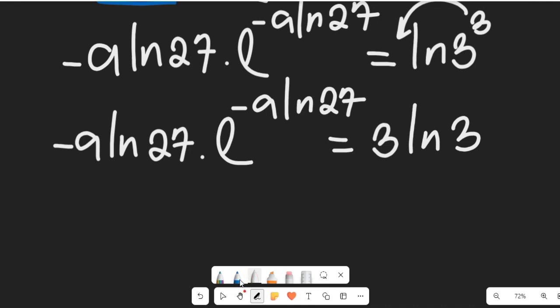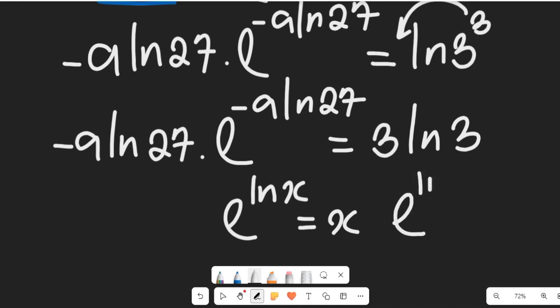Recall that we said earlier on that if I have the ln of the exponent of ln of x, this can be equal to x, right? So that means if I have the exponent of ln of 3, this can still be equal to 3. So that means I can replace that with this.